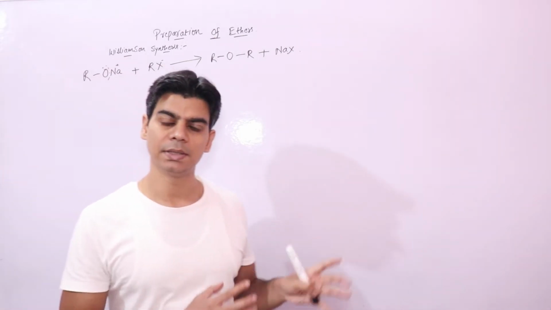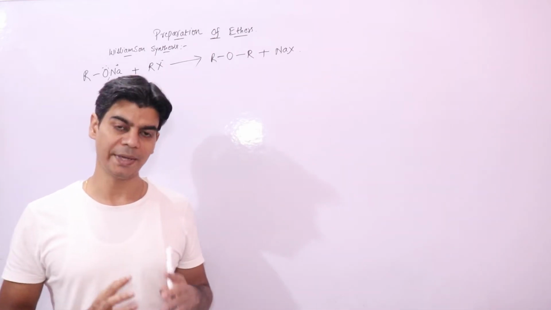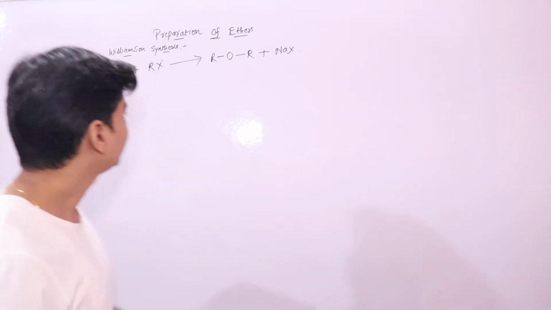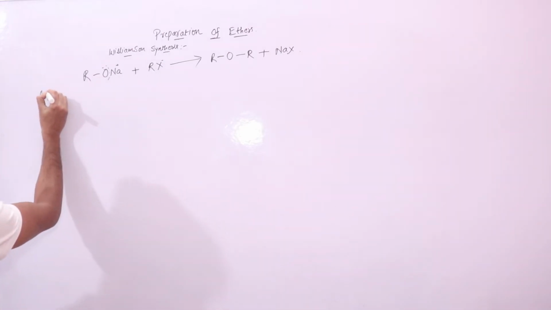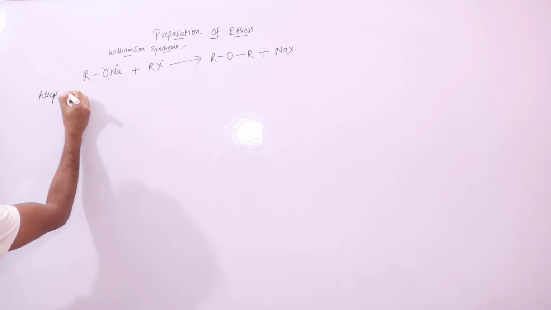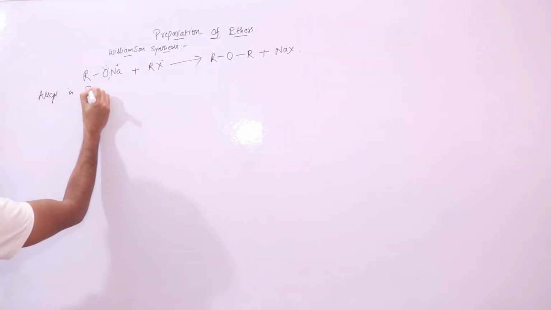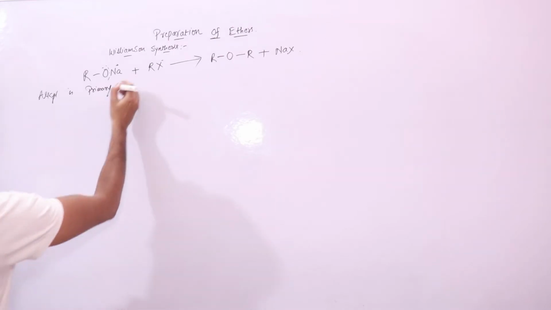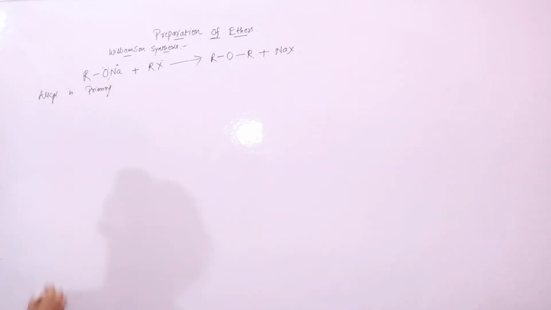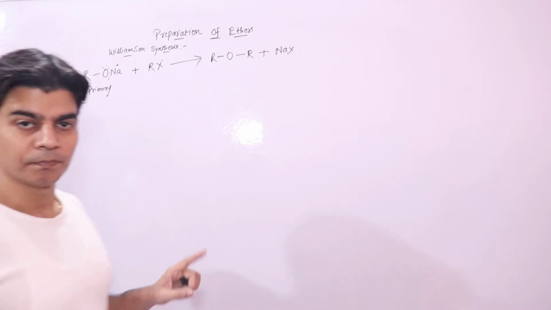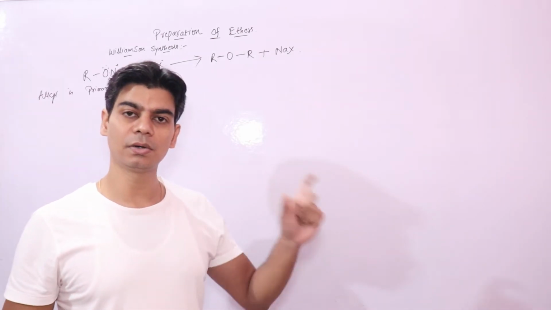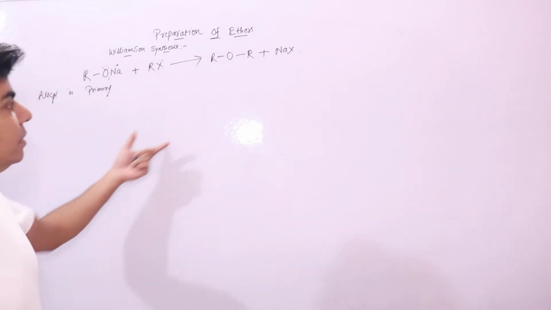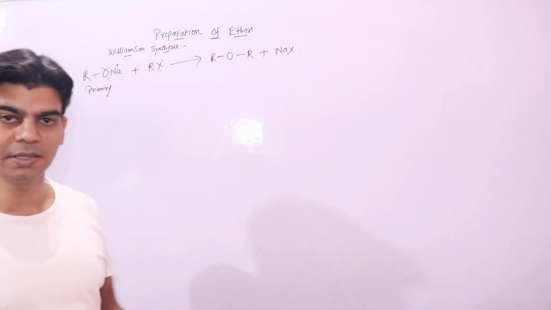This method is best used when the alkyl halide used is a primary alkyl halide. And if I use a secondary or tertiary alkyl halide, then the product that I will get is an alkene. Instead of ether I will get an alkene.